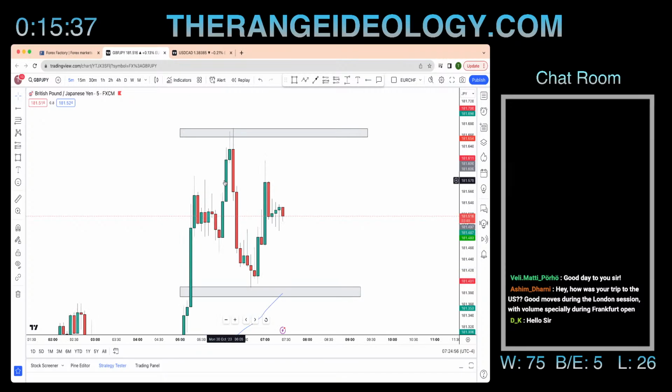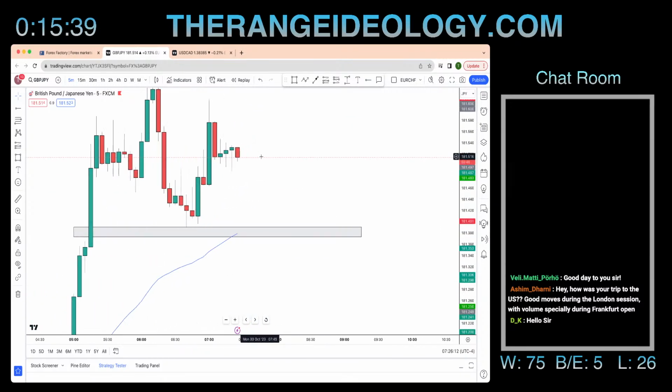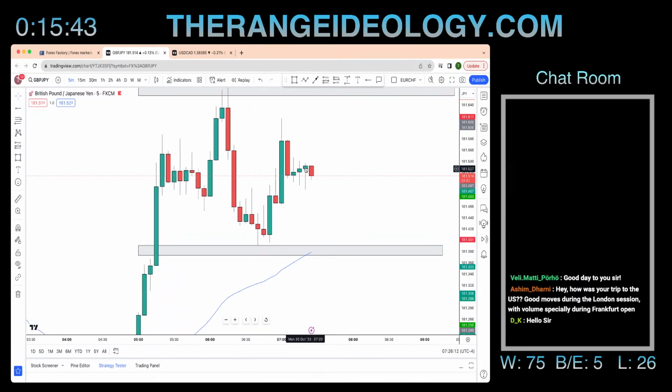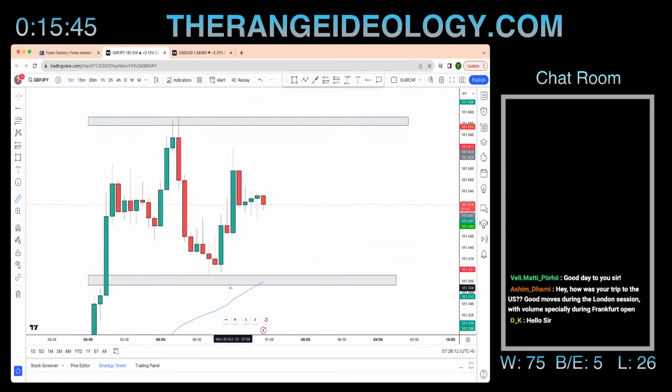GJ on the other hand, again, this is the larger range I'm looking at. There's even a larger range in play, but we're not going to talk about that right now. We're just going to focus on the smaller setups here. Good moves during the London session with volume, specifically during Frankfurt Open.